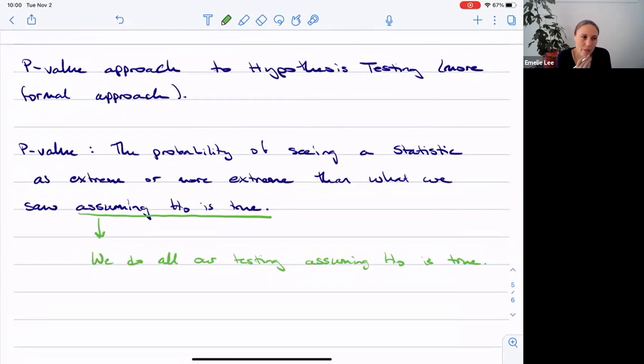There are a couple of little nitpicky things that change because now I'm going to have some hypothesized proportion. We had that in the confidence interval case, but the standard error was just based off of the sample proportion. So now, if we're using the p-value approach, just a couple of things change. How we calculate the standard error changes just slightly, and how we check the conditions changes just slightly.